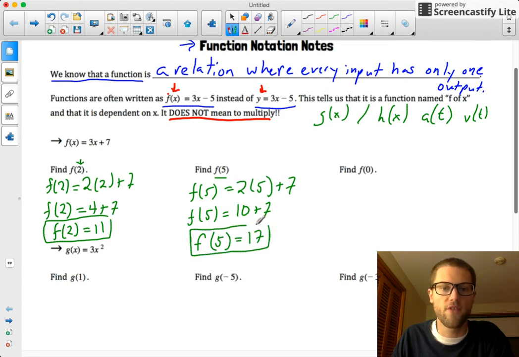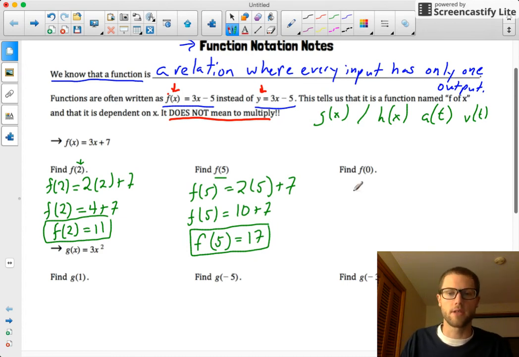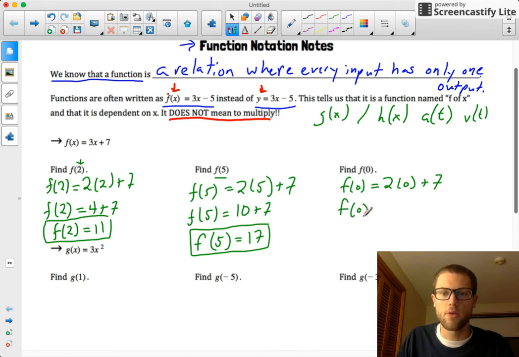When I input 5 into this function machine, out comes a 17. And then finally here, f of 0, we're going to plug in 0 for x and evaluate. So f of 0 equals 0 plus 7, or f of 0 equals 7.